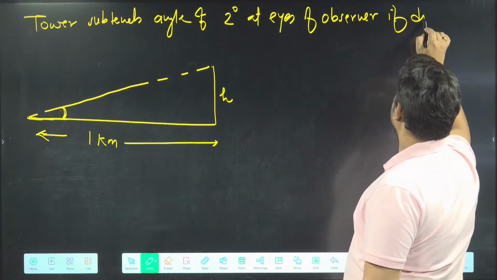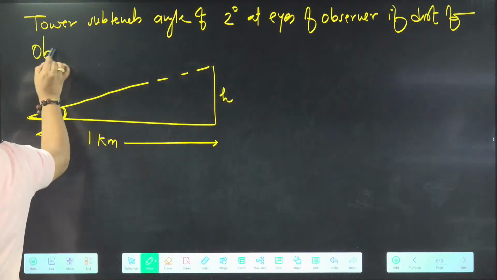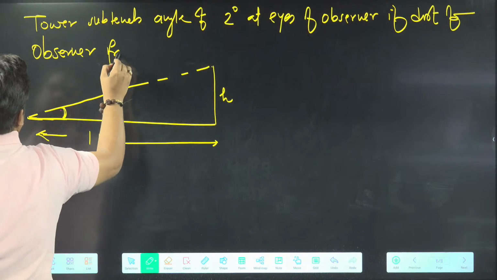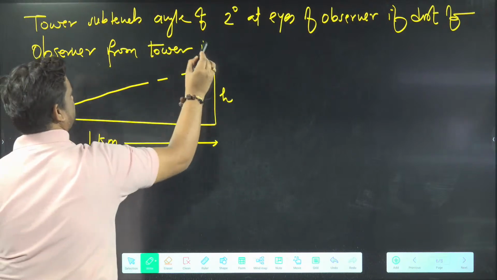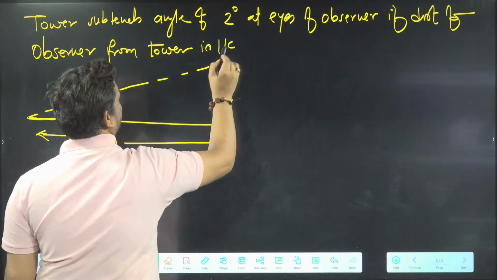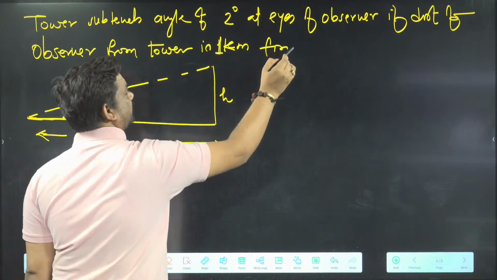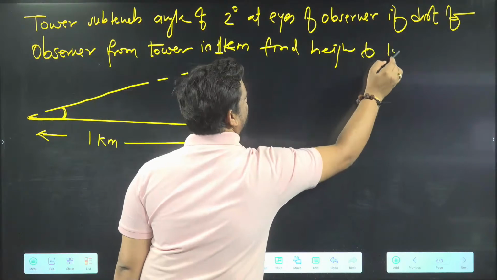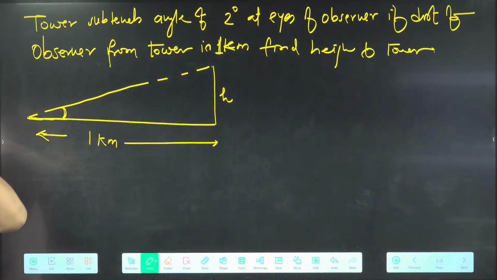If the distance of the observer from the tower is 1 kilometer, find the height of the tower. This is the question: find the height of the tower.